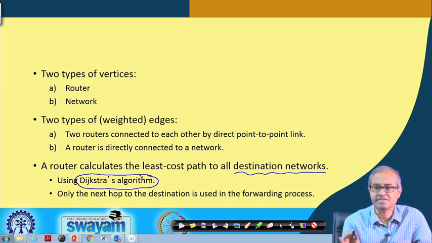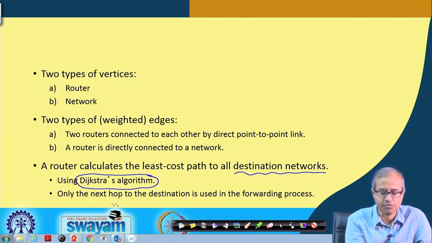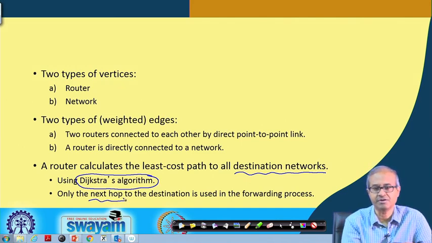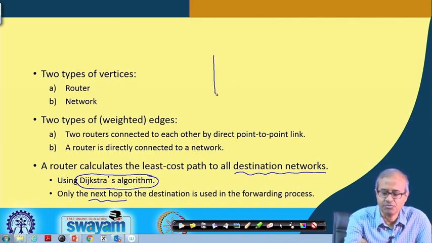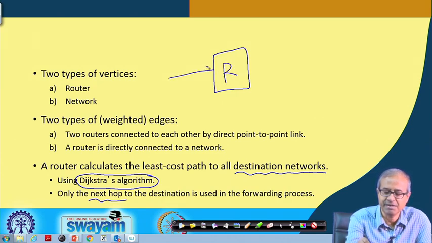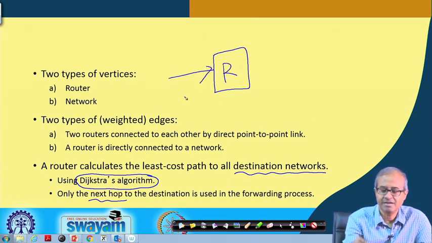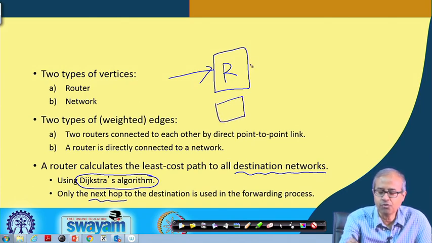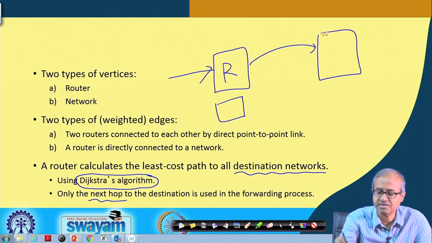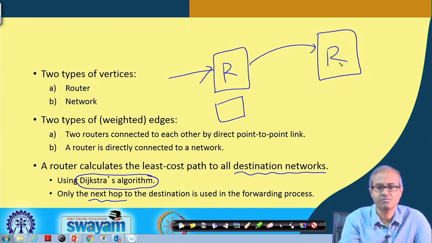And once this is done, the routing tables are updated. During packet forwarding, only the next hop information is stored in a router. Suppose I am a router and I have received an incoming packet. My routing table will only tell where to forward it next, which is the next router I have to send it to.